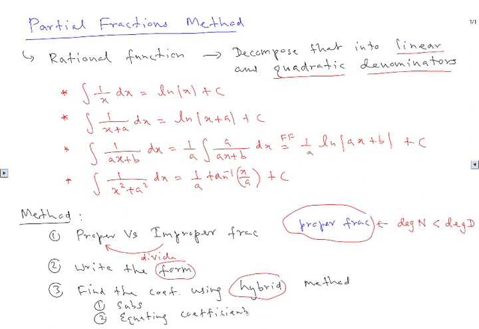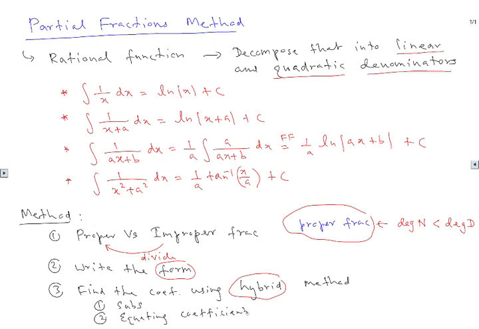So this is how the method works. We see whether it's a proper fraction or improper fraction. If it's improper, we divide and bring it to a proper fraction, which is a rational function with the degree of the numerator less than the degree of the denominator.